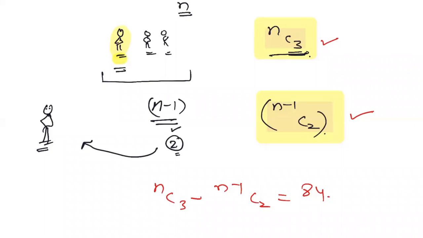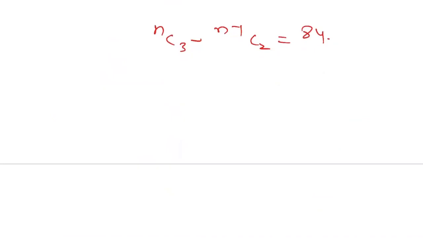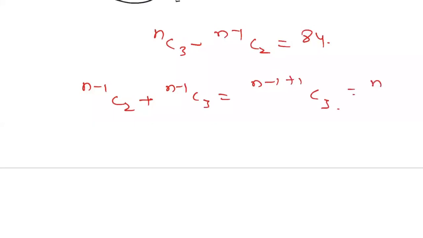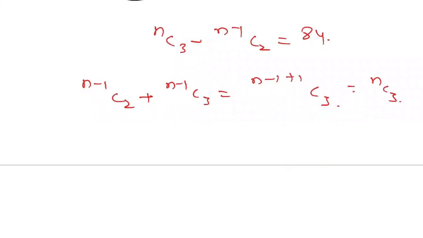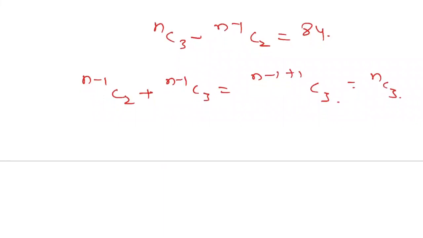Now we have to solve this for n. Through Pascal's triangle we know that n-1C2 plus n-1C3 is nothing but nC3. So nC3 minus n-1C2 will be n-1C3, which is equal to 84.